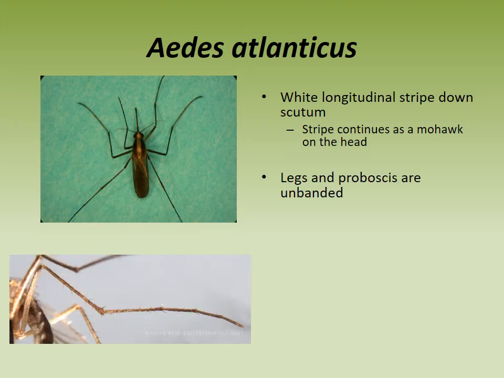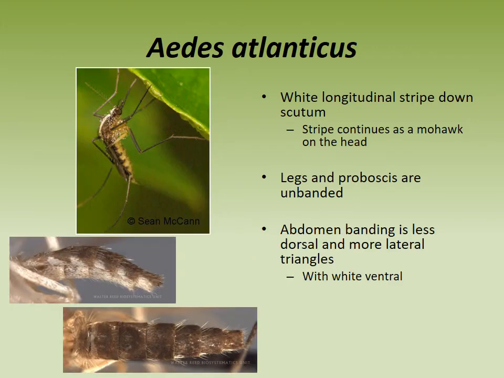Legs and proboscis are unbanded. The abdomen banding is less, if nothing, on the dorsal side. And then there are these lateral triangles on the lateral portions of the abdomen. These triangles here. And then the ventral side is all white.